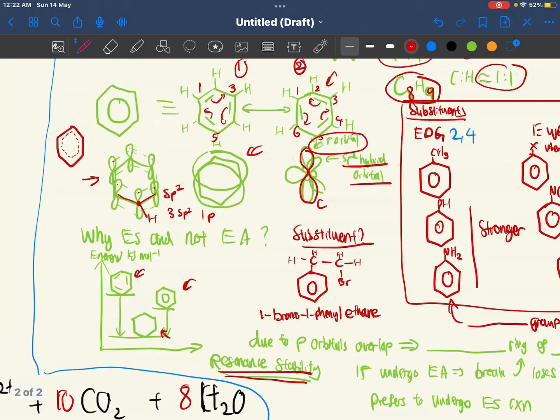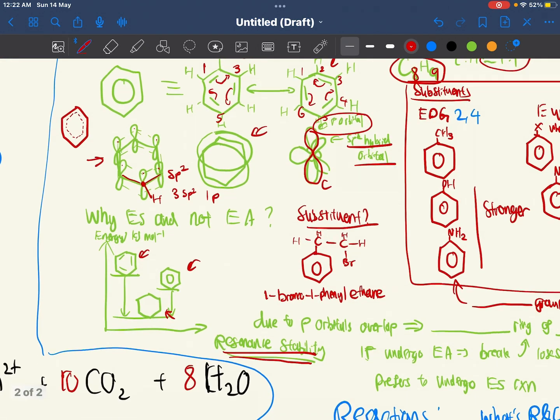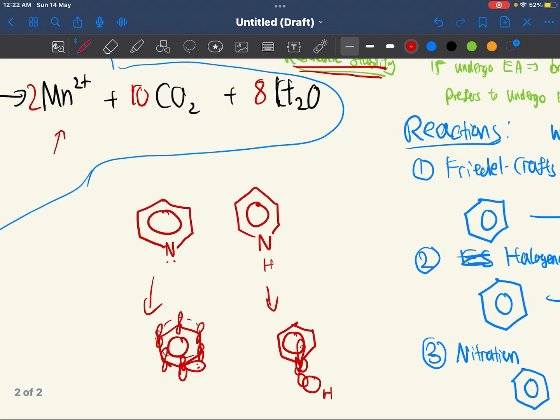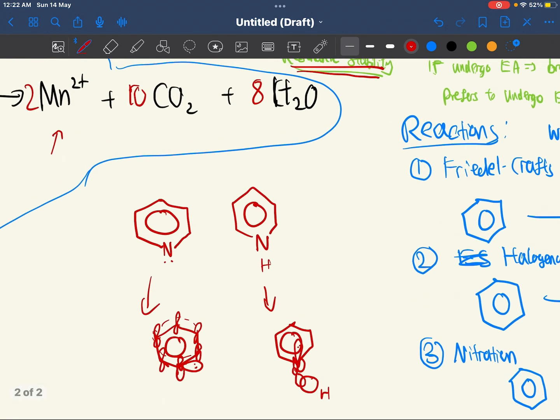Alright. So if we understand this whole resonance stability thing, now let's take a look at these two weird compounds here. Instead of all 6 carbon atoms, one of them is a nitrogen atom. Over here I have 2 different structures. It's very unique.